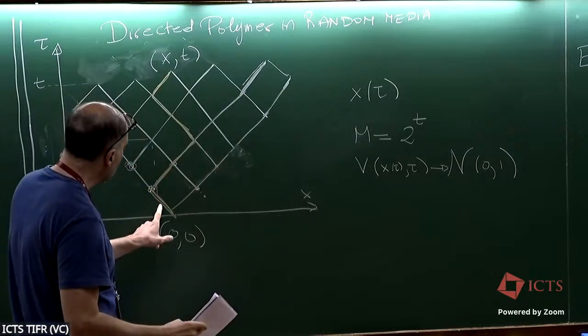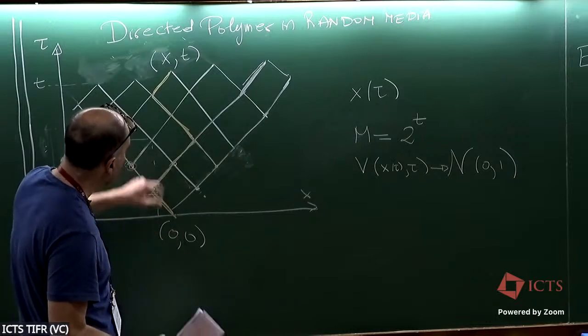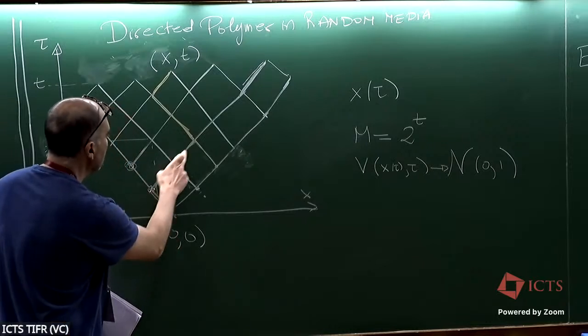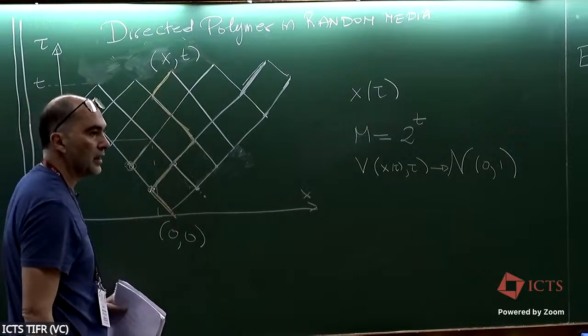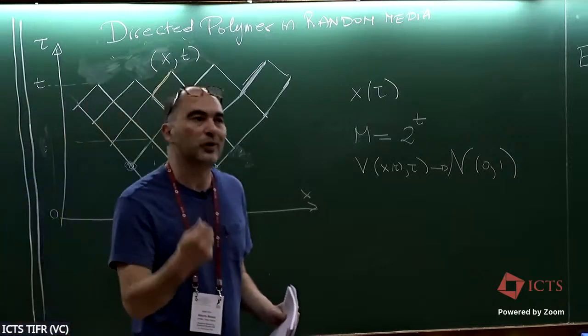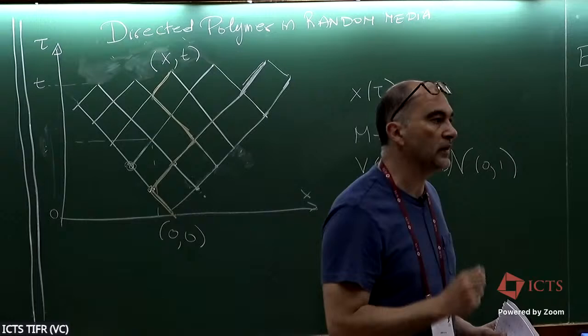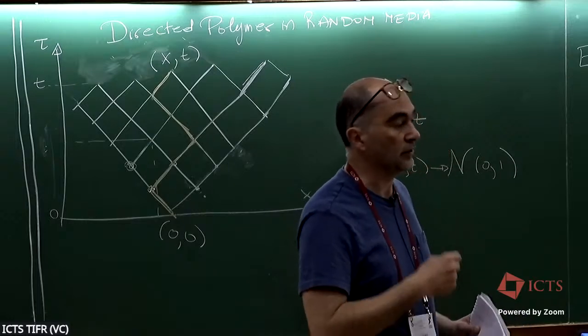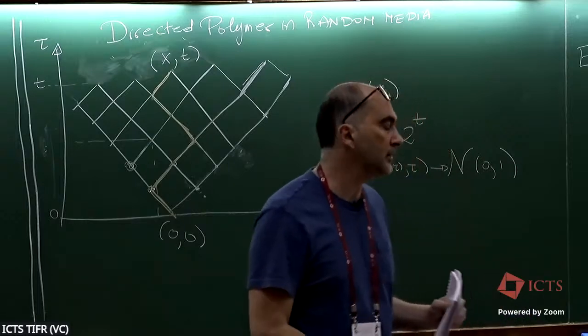So you have your path, and you are summing the v that you have along the path. If you want, it is the price that you have to pay in order to go to this particular site, or what you gain if the v is negative.